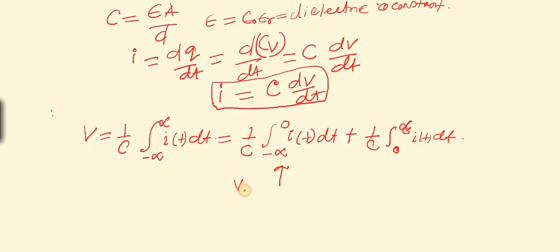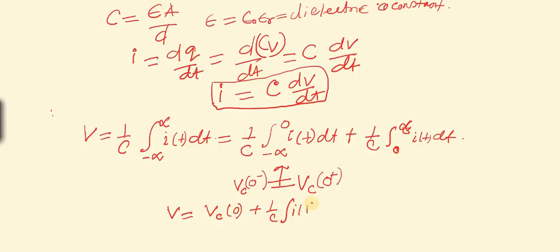So in that case, the voltage across the capacitor before switching on, denoted by a negative value, will be equal to the initial capacitor voltage after switching on. In this case, the voltage across the capacitor equation can be written as V = Vc0 plus 1 by C integration i dt.